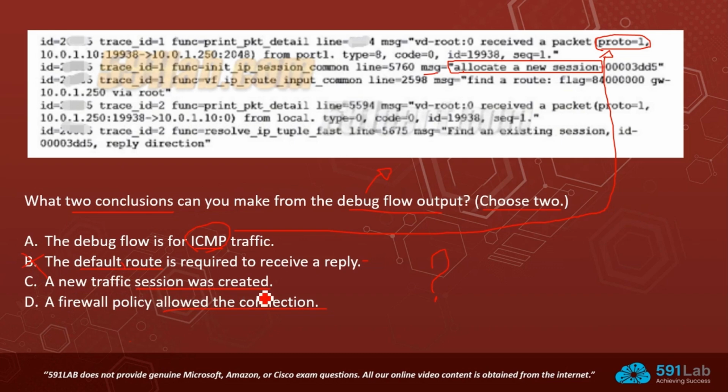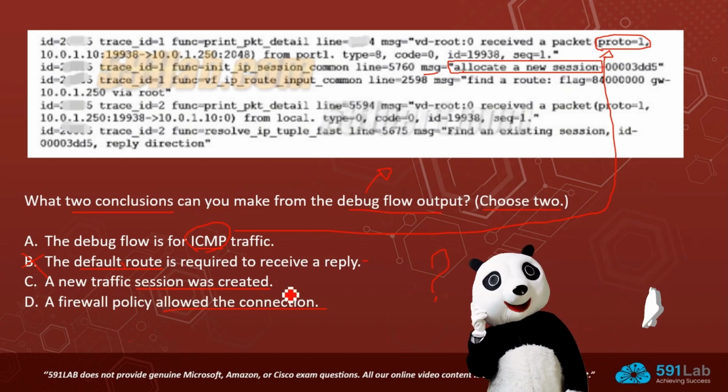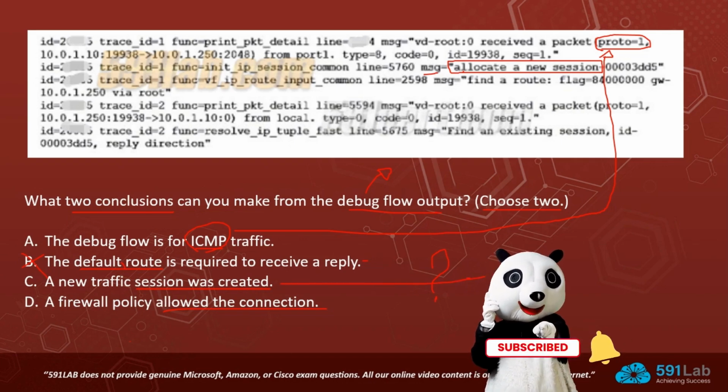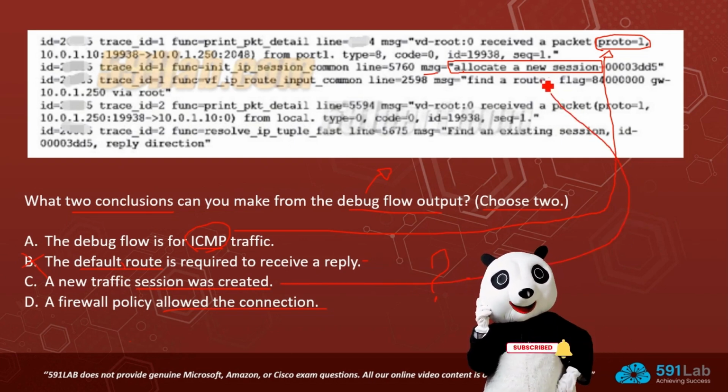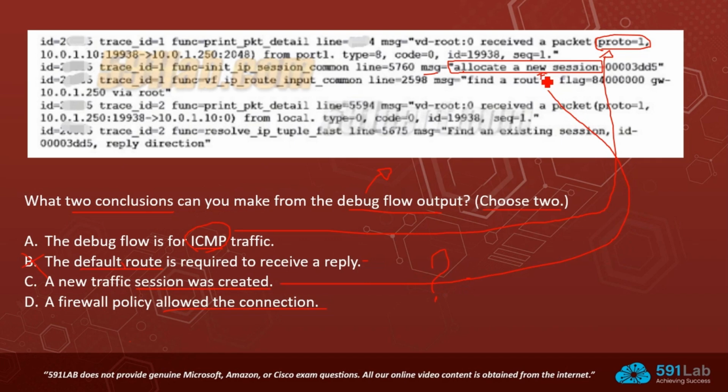Yes, this one is correct because you can see the allocate a new session message displayed in the debug output. Let's check answer D, a firewall policy allowed the connection. No, this answer we cannot select as a correct answer. We can select answers A and C as the correct answers.